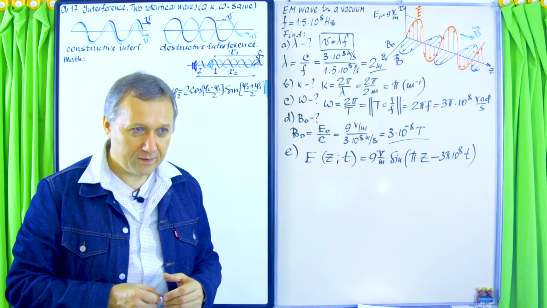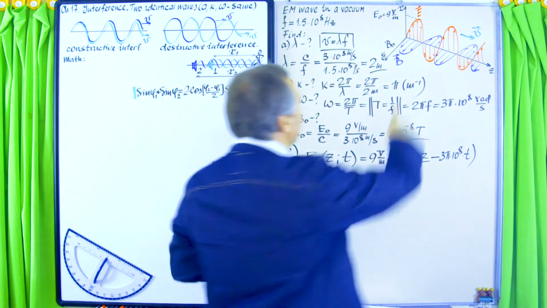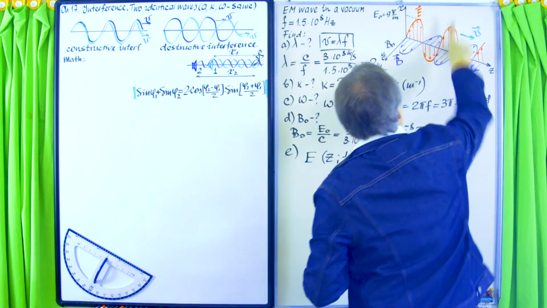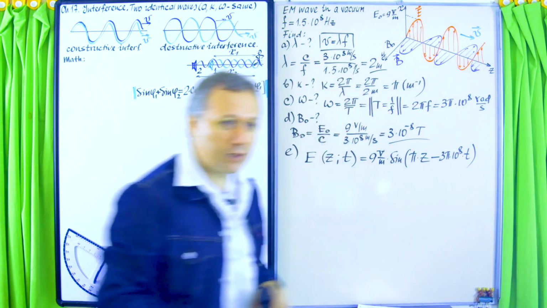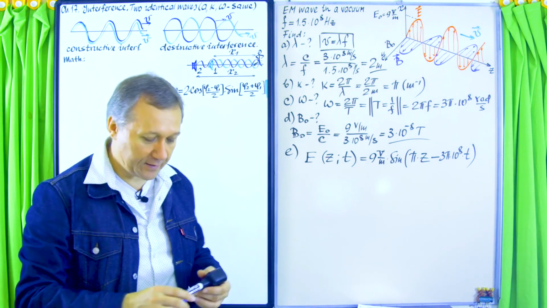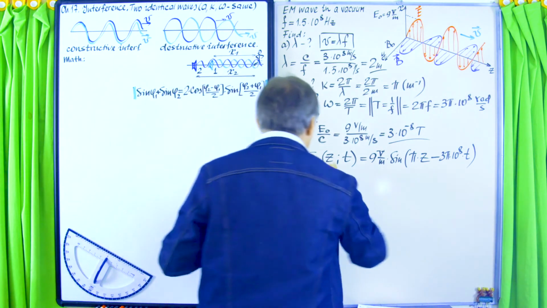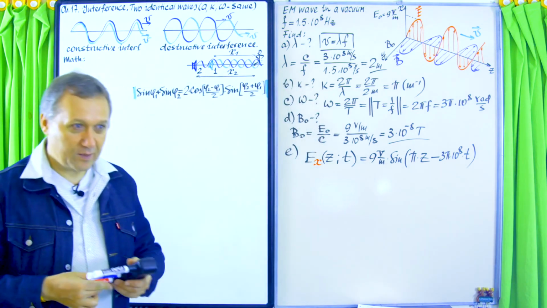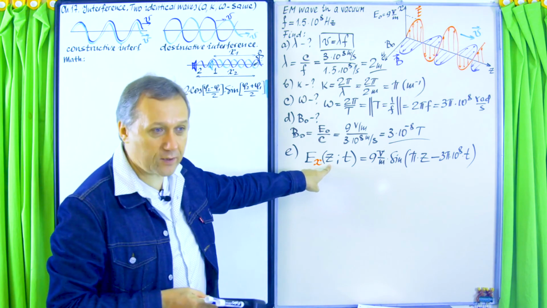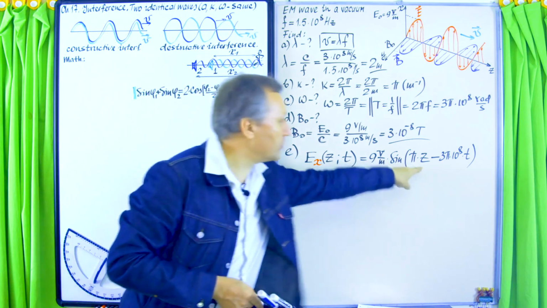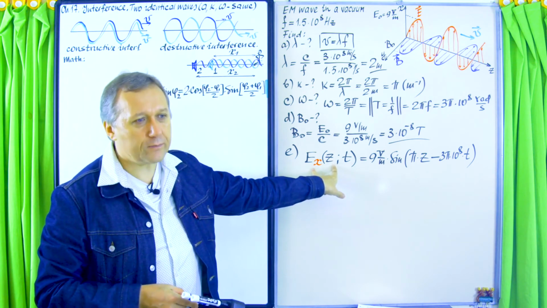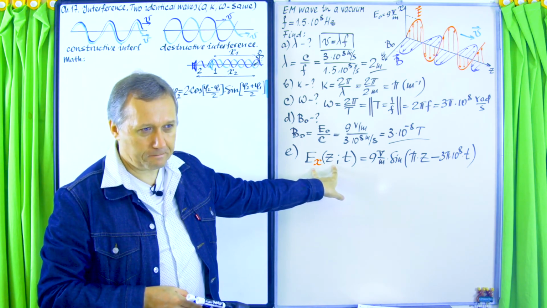So the electric field oscillates in the x direction, plus x, minus x, plus x, minus x, right? So over here there must be E sub x. But the wave propagates in the z direction, so that's why I put z here.